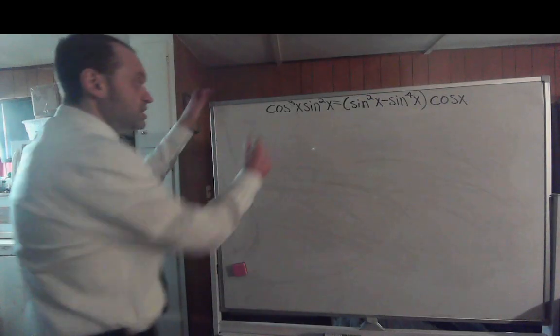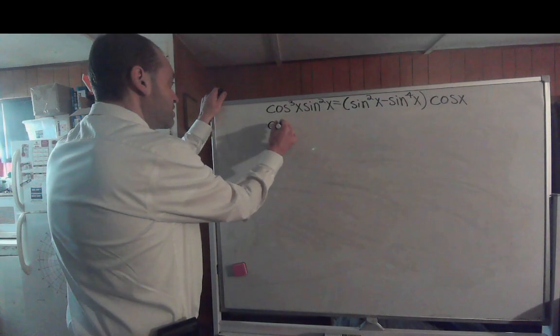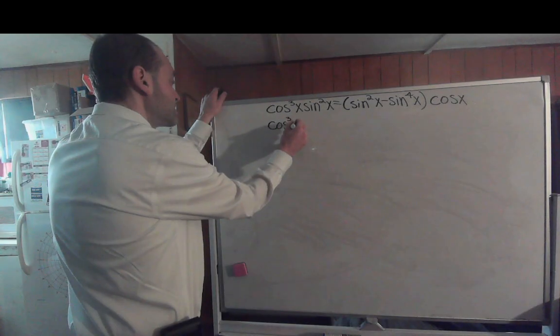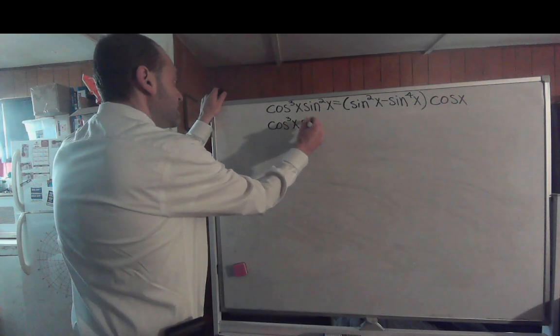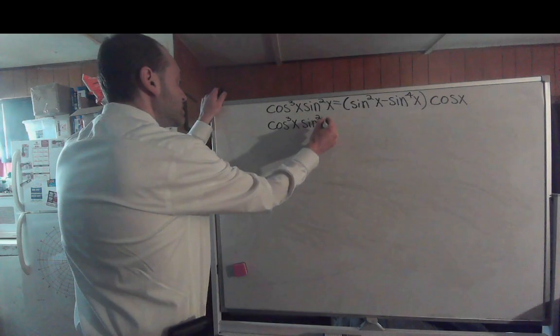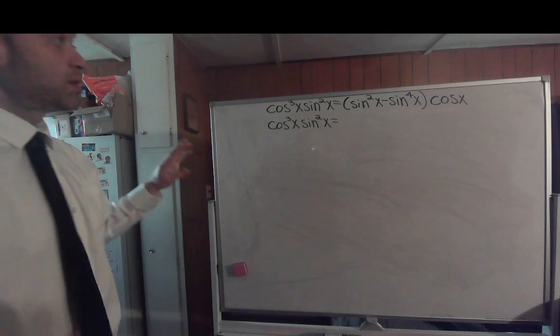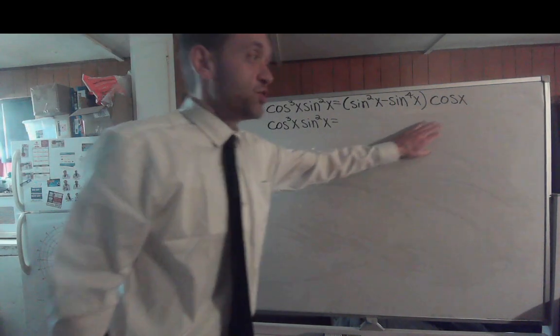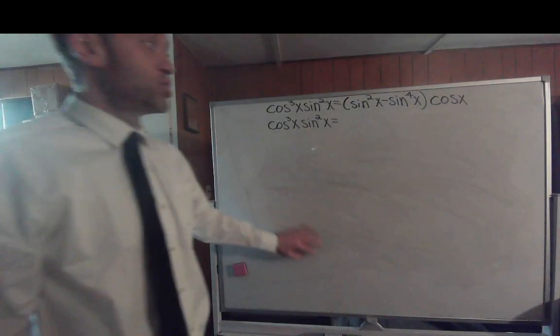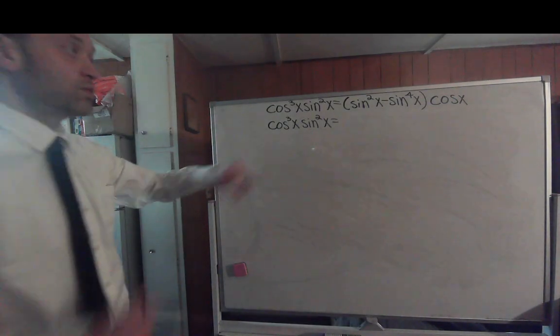So let's start with the left-hand side again. So the cosine cubed of x times that sine squared of x, let's set that equal to, okay, well, again, the right-hand side gives you a framework. It definitely would show that we should factor out a single cosine of x.